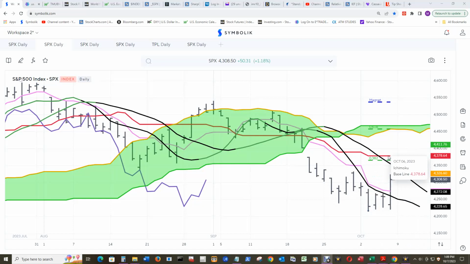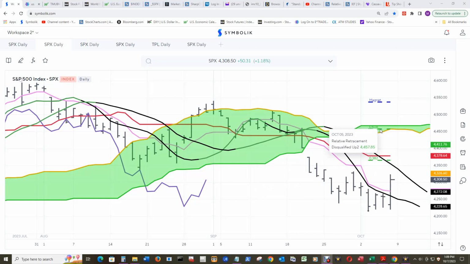And the baseline and current price is right near there above it, 4378.64. So get above the baseline, qualify and confirm this level, blast past the bottom of the cloud and start pushing the envelope up. Then it's up to that area that I was talking about earlier.